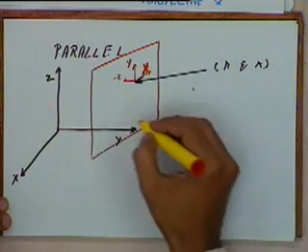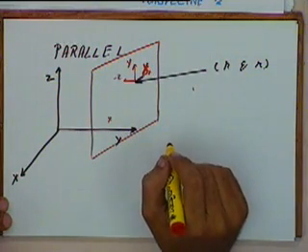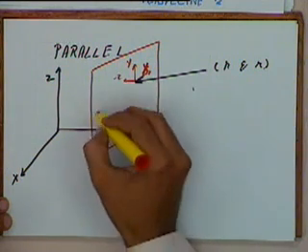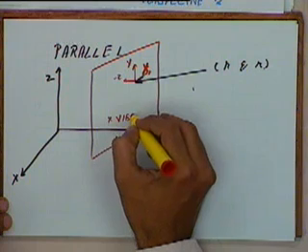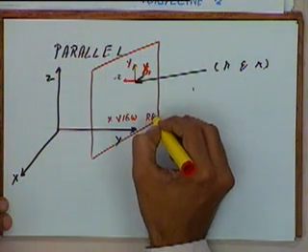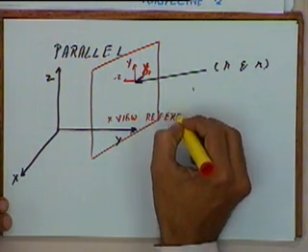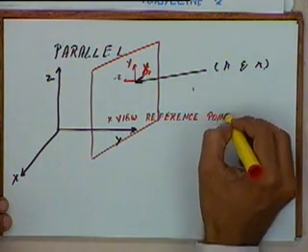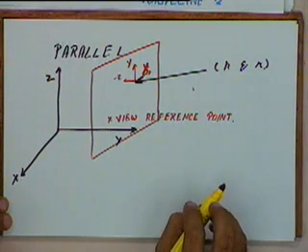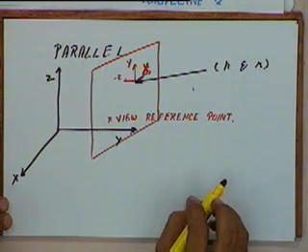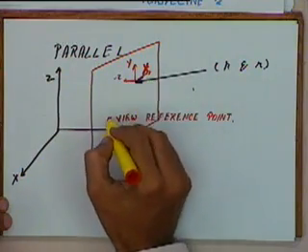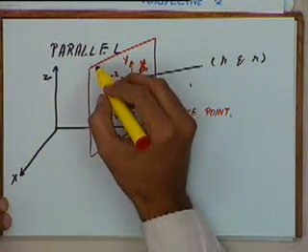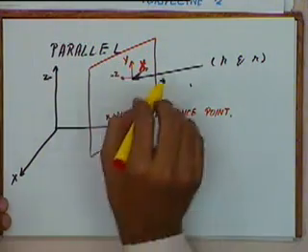Again on this we will have to specify a particular origin, which will be our view reference point. At this point we will take the direction of viewing as the minus z direction, the view up direction as the y direction, and the other direction as the x direction.